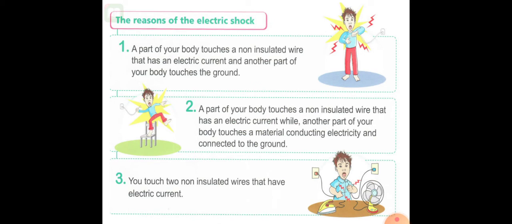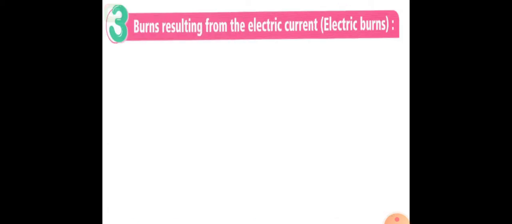Number 2, if a part of your body touches a non-insulating wire that has an electric current inside it, while another part of your body touches a material conducting electricity and connected to the ground. Number 3, if you touch 2 non-insulating wires that have electric currents. All of them cause electric shock.